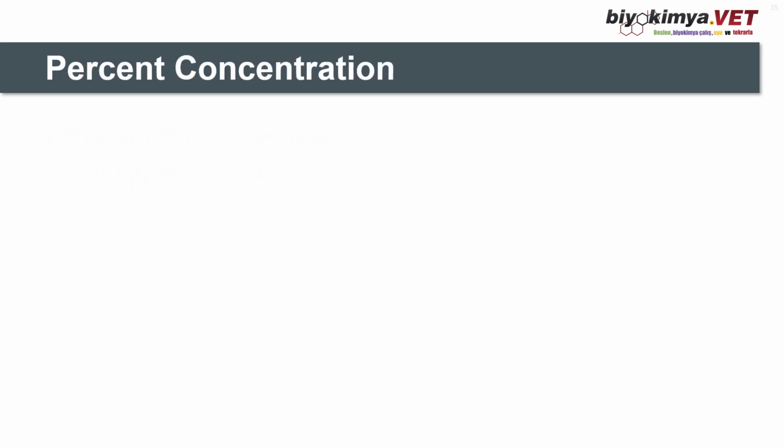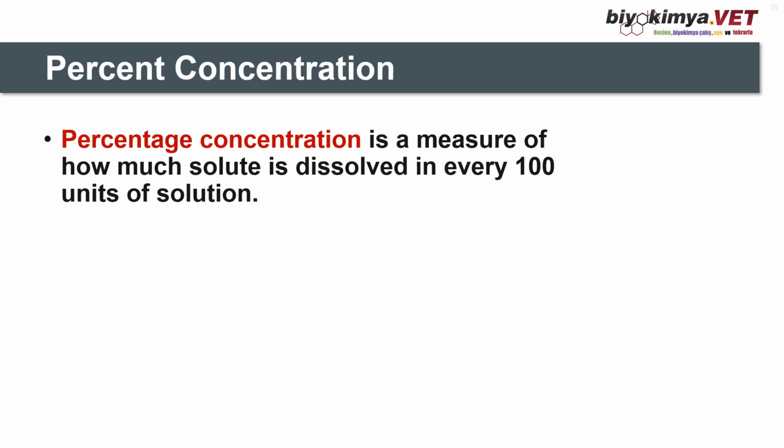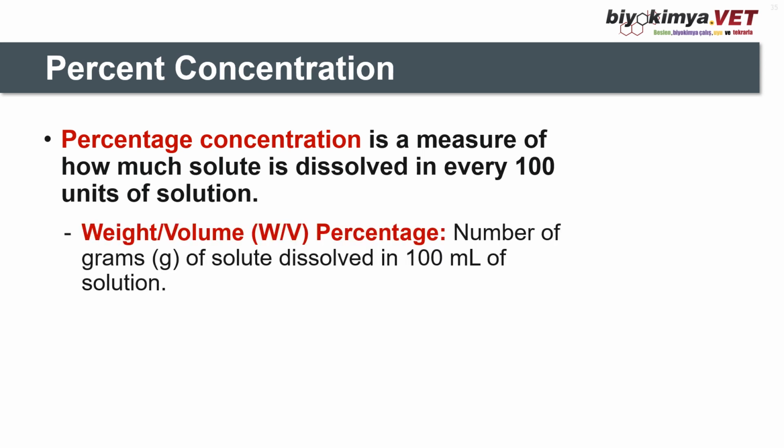Let's start with the percent concentration. Percent concentration is a measure of how much solute is dissolved in every 100 units of solution. And one type of percent concentration is weight/volume percentage, the number of grams of solute dissolved in 100 milliliters of solution. And I gave examples just two minutes ago.